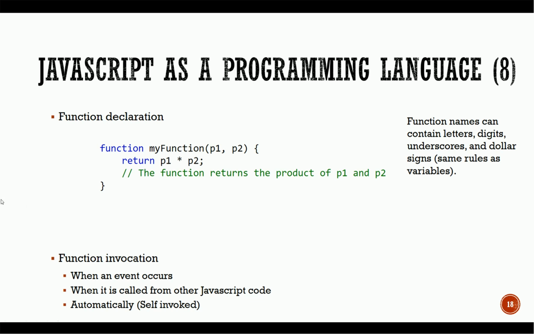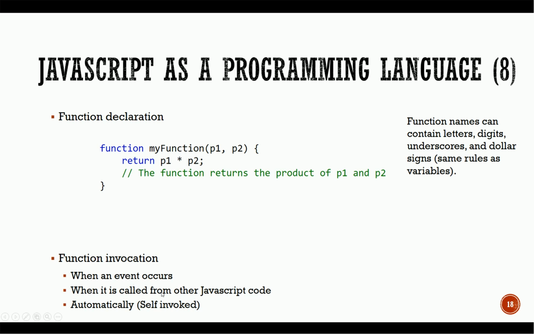The code inside the function will be executed when something invokes the function. So the function can be called or triggered in one of these three cases. First, when an event occurs, the function will be called from the event.